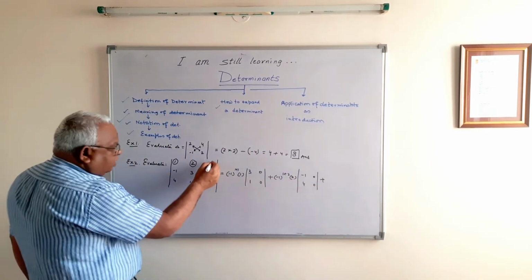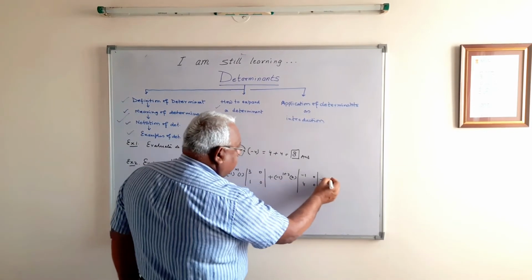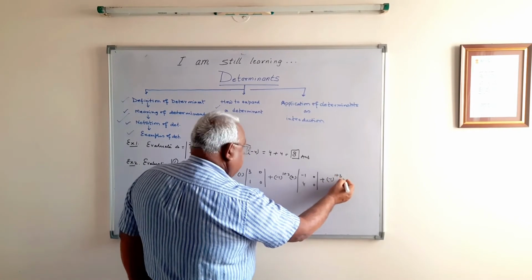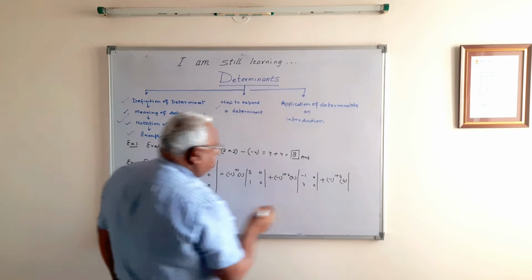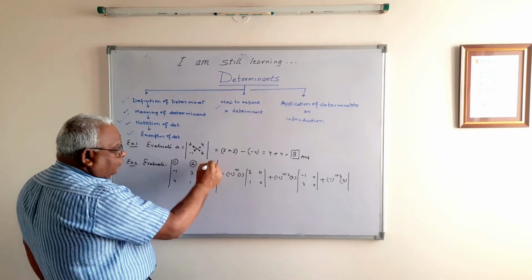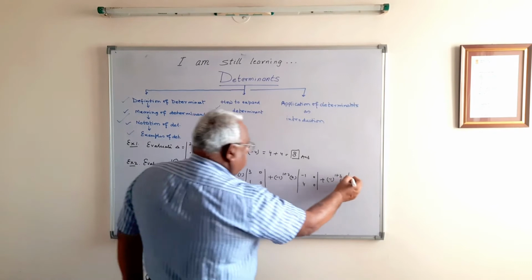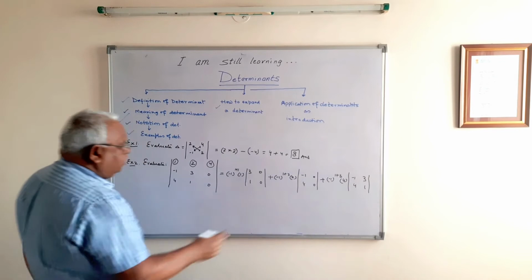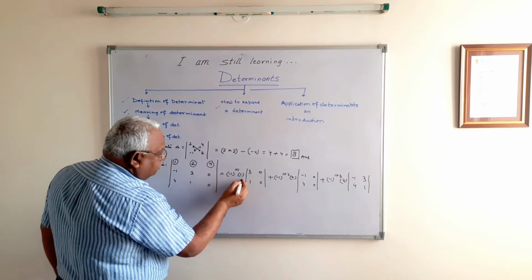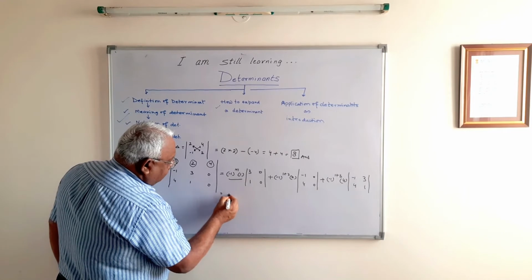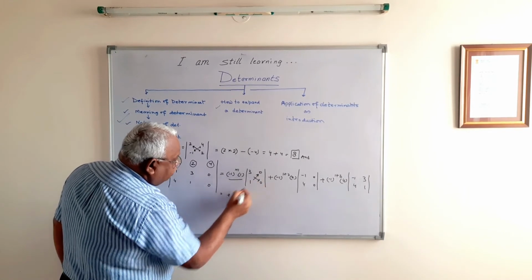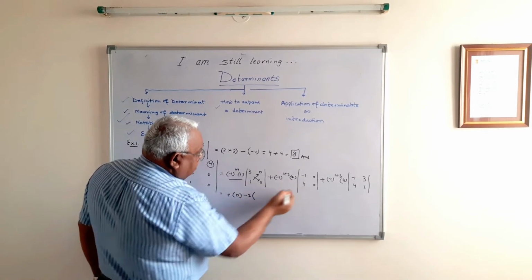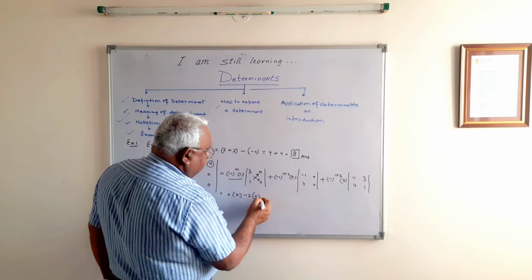And the third element is 4. The position is 1 plus 3, and the element is 4. Now you eliminate this row and this column. What do you get? Minus 1, 3, 4, 1. As you know how to expand 2 cross 2, this is going to be positive. So positive, and this is 0 minus 0. So this is 0. This is negative 2, and this is 0 minus 0.